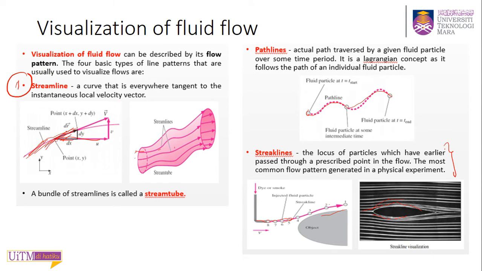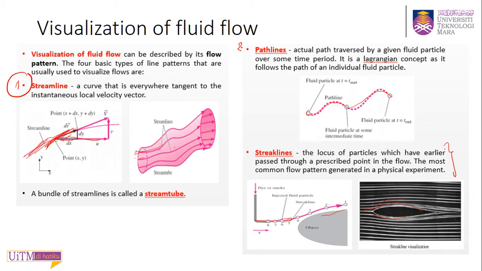That's what we call a streamline. If you have a bundle of streamlines, in this case a few streamlines, this bundle of streamlines is called a stream tube. So a streamline is tangent to the velocity vector.